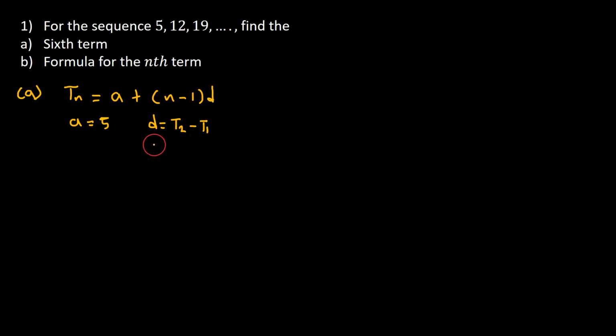Our second term is 12 and the first term is 5. So the common difference is 12 minus 5, which gives 7.